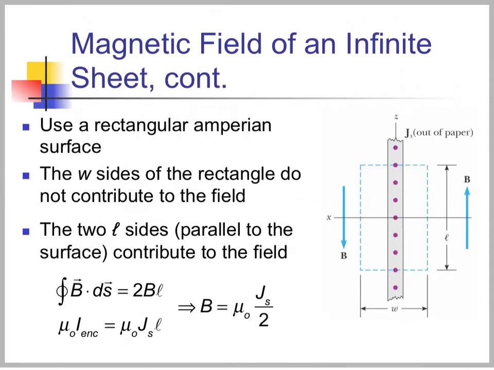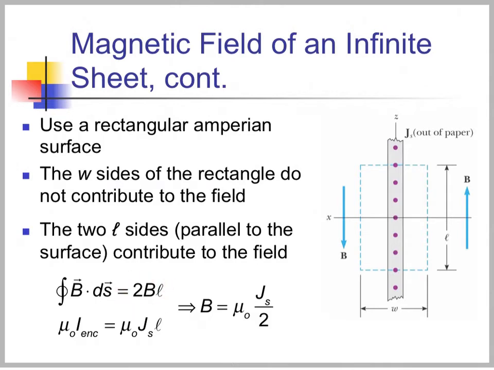So, as I'm integrating around my Amperian loop, B dot ds along the top and bottom is 0 because B and ds are perpendicular to each other. On the sides, I get B out here, and ds is going to be L, and as I'm coming up this side, I'm going to get B times L, and so the integral of B dot ds becomes 2BL.